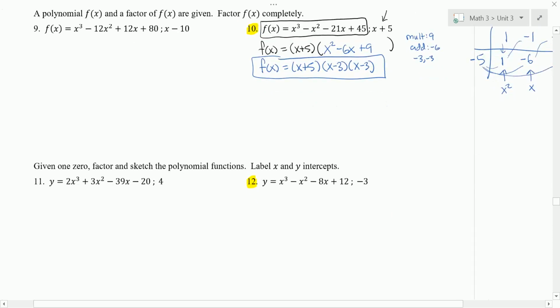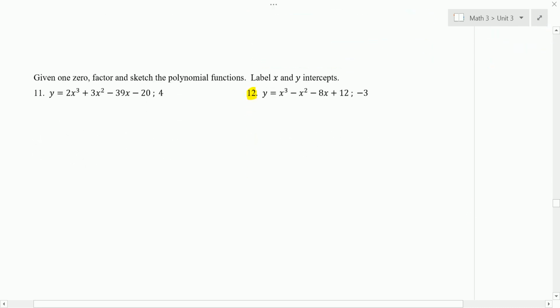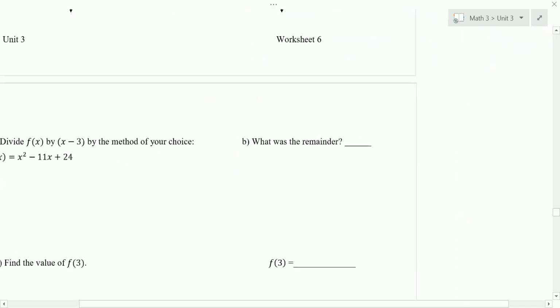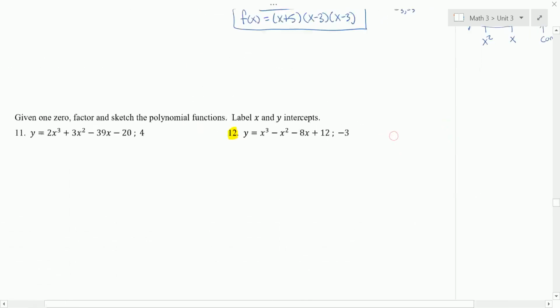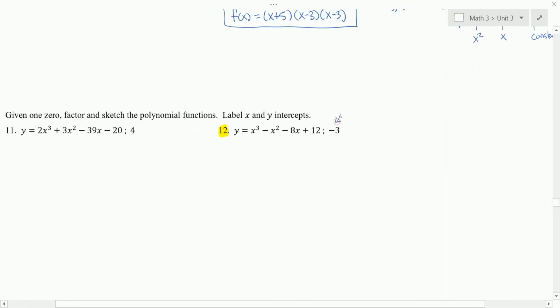Number 12, we're given 1, 0, and we're asked to factor and sketch the polynomial function. Label the x and y intercepts. A 0 is an x-intercept.